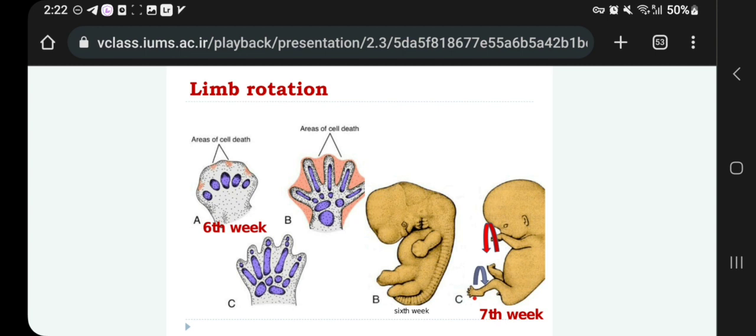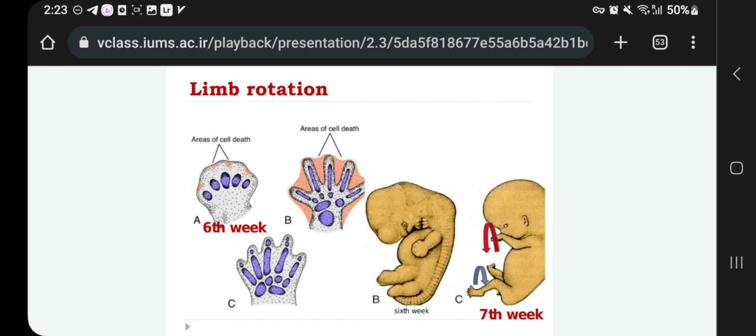Notice too that in the upper limb with this rotation, the flexor muscles are in the anterior compartment. For example, in the arm, the biceps is anterior, and the extensor muscles are posterior, the triceps posterior, and the extensors of the forearm posterior.